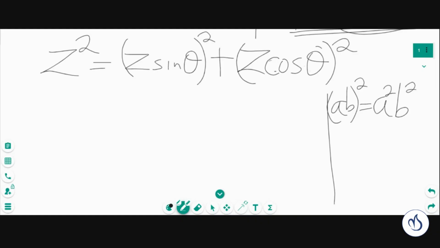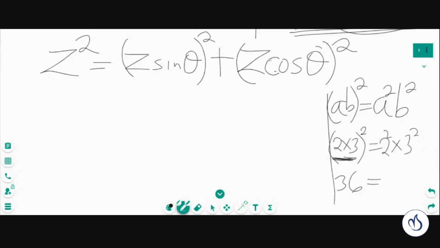You can prove it by looking at 2 times 3 squared, which is the same as 2 squared times 3 squared. 2 times 3 gives 6, and when you square 6, you get 36. And 2 squared is 4 times 3 squared, which is 9.